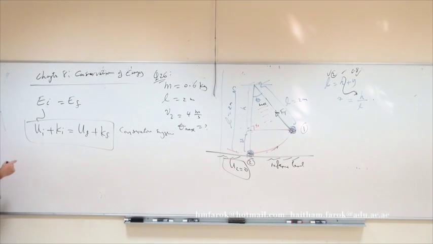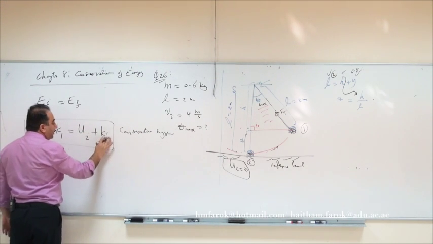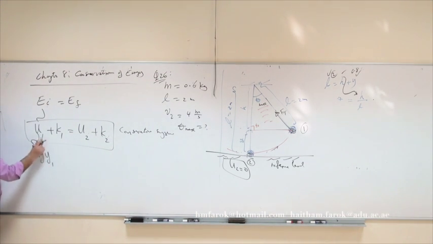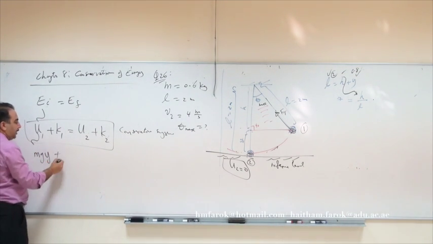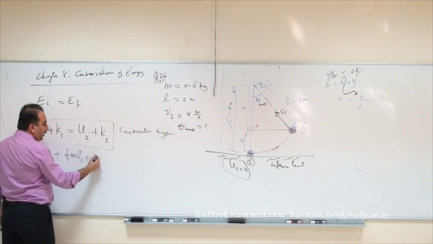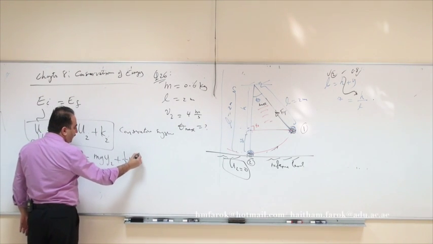Now here, what do I have? I say U1 plus kinetic at 1 must equal U at 2 plus kinetic at 2. For U gravity, what's the formula? mgy at 1, where y is the height from the point to the reference, plus kinetic, half m v squared at 1. Here, mgy at 2 plus half m v squared at 2.